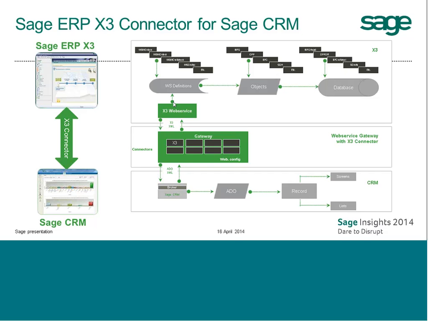Ultimately, that gateway is built-in logic, and it includes a series of connectors. In this version of the Sage ERP X3 connector, there's a built-in X3 connector already supplied, which is a transformation connector.